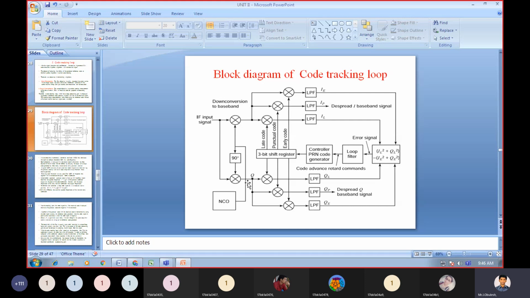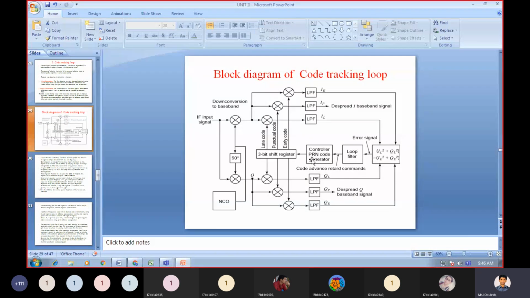The output is connected to these three multipliers, and again the late, punctual and early codes are connected. The output of the first path is in phase with the IF input signal, so I indicates in phase. This other one is the quadrature component, in quadrature with the IF input signal.